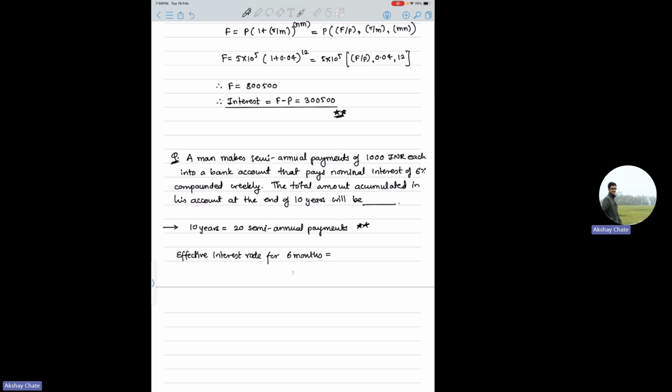So here, it will be (1 plus r by m) power mn minus 1, right? So r is given as how much? 6%. So 0.06. M is nothing but the frequency. So they are compounding it weekly, and in 1 year there are 52 weeks.